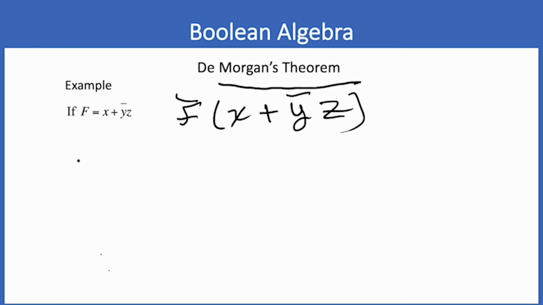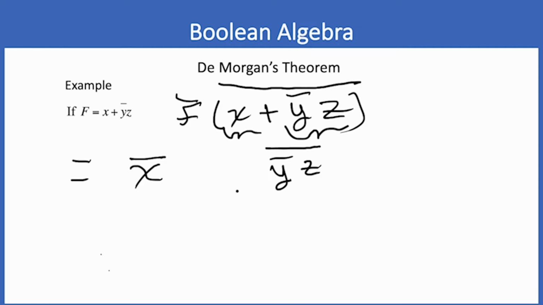What De Morgan's law says is that to remove this complement bar, you have to complement each of the individual terms. Here's the first term, so we'll complement that. Then we'll complement this term. Well, what's the complement of y bar z? You complement the whole term, so we complement the y bar z, and we change the operator from a plus to a multiply.